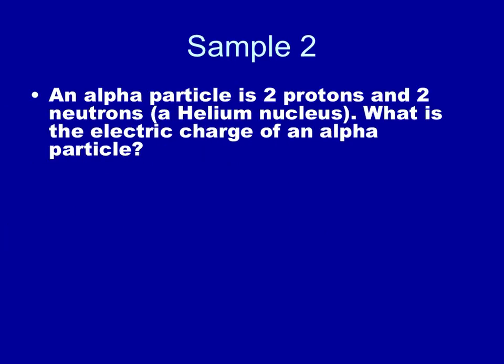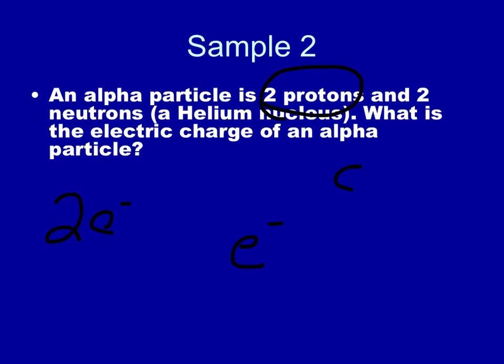Now, an alpha particle has 2 protons and 2 neutrons. The important thing to understand is it's the 2 protons that matter. So what I have is 2 e, and then I want e's on the bottom to get rid of them.